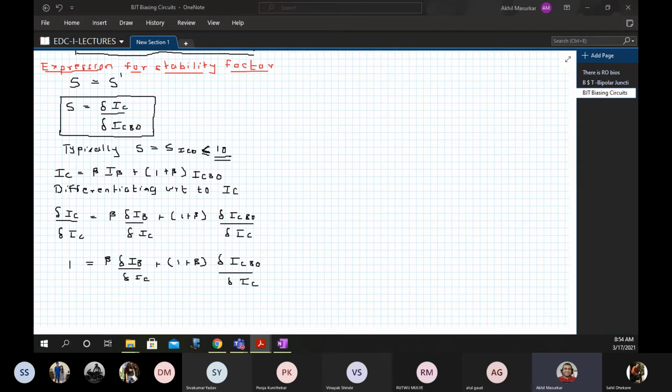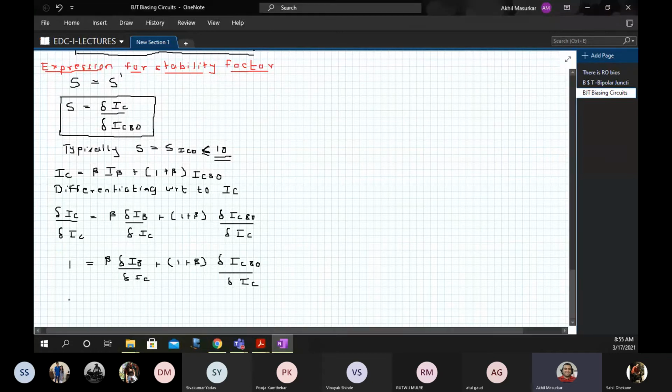Then we can take this term on the other side. So what we will get here is 1 minus beta delta IB upon delta IC is equal to 1 plus beta into delta ICBO upon delta IC.